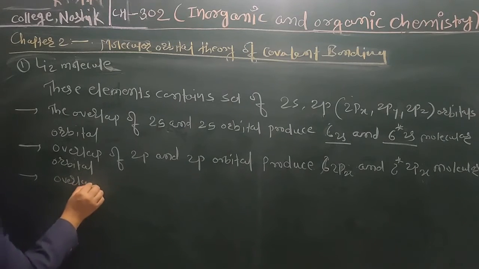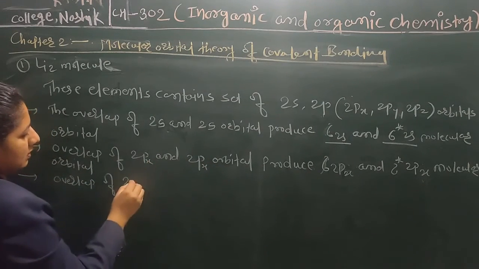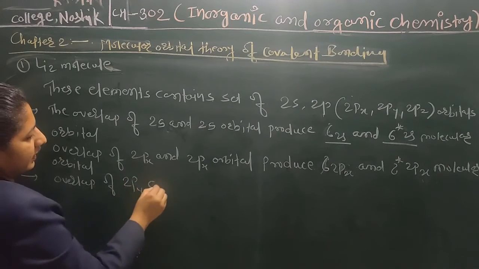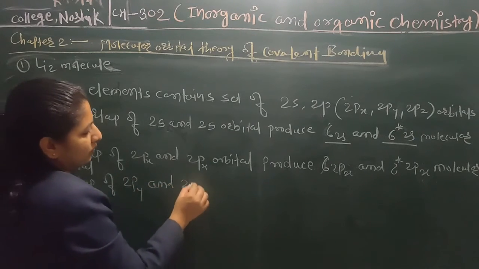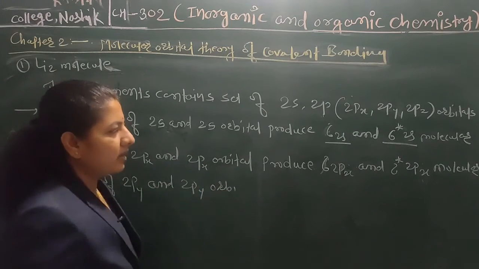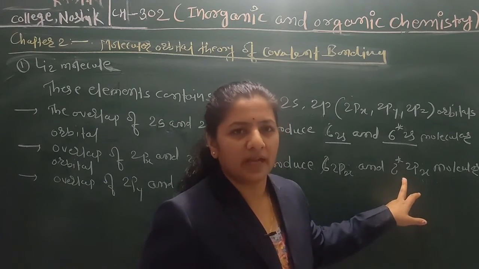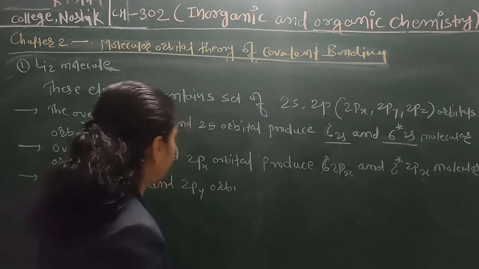Overlap of 2py and 2py orbitals produces atomic orbitals, and later, by overlapping, it produces the bonding and anti-bonding molecular orbitals.